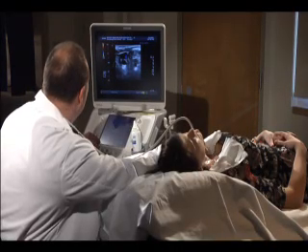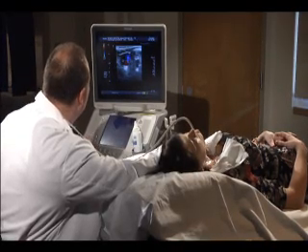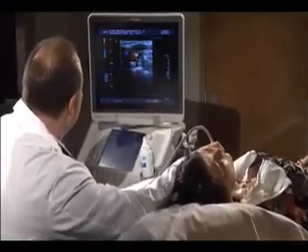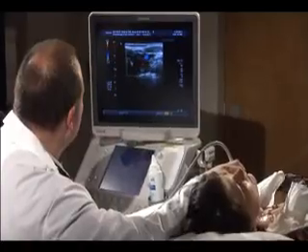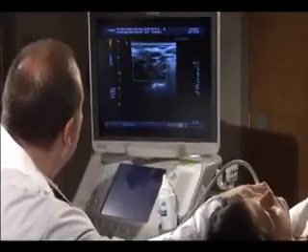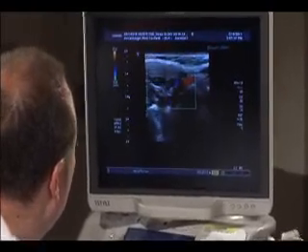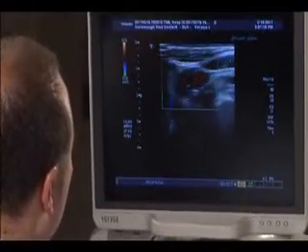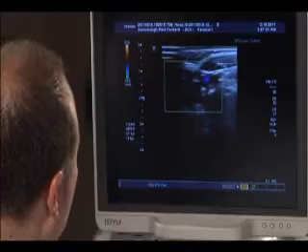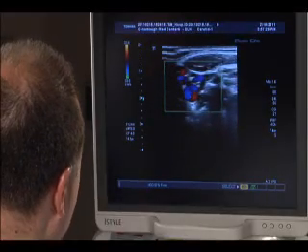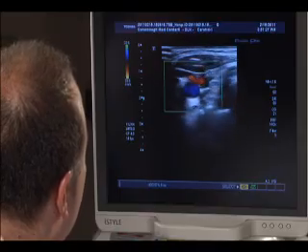The most accurate way to do an ultrasound is to look at vessels from several different views and then compare the views obtained from each position. It obviously doesn't hurt at all. It's kind of relaxing. And there's really not even any pressure. You can touch real lightly, and still get what you need.